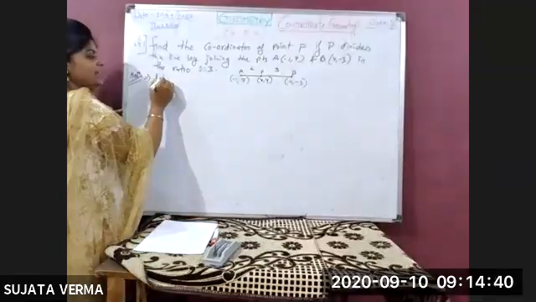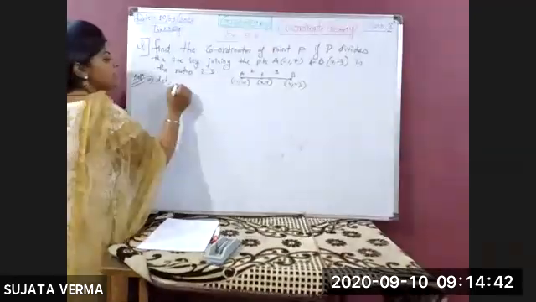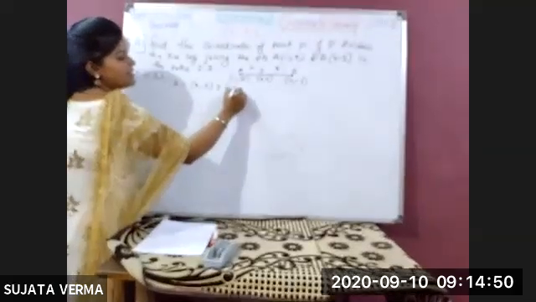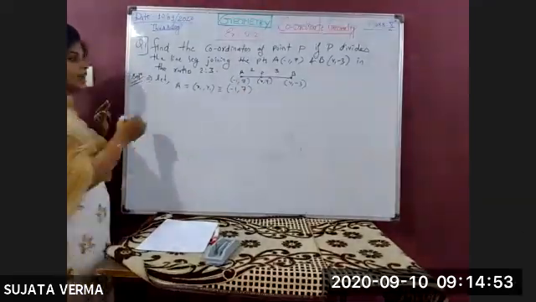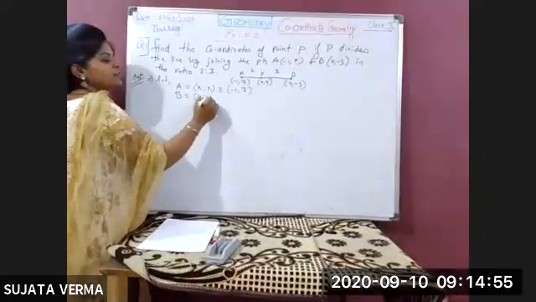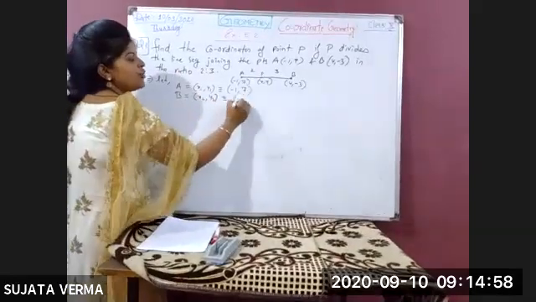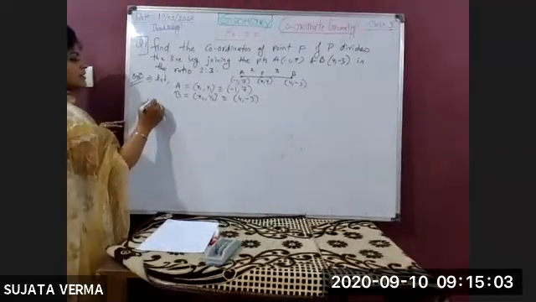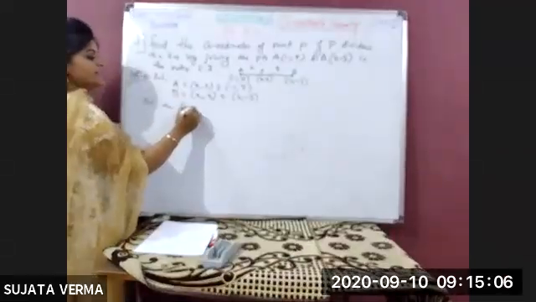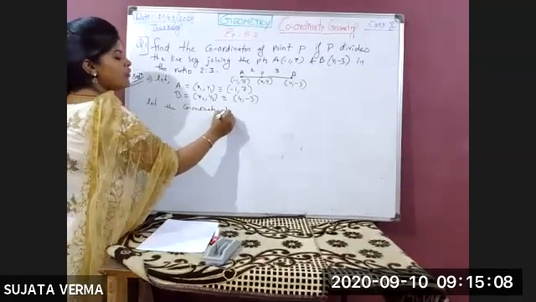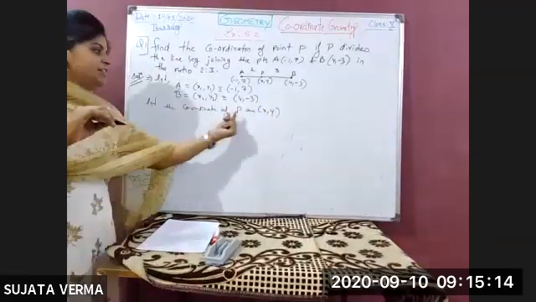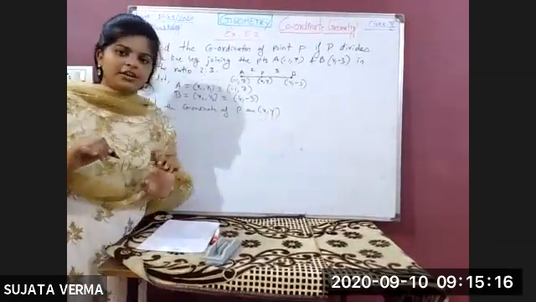Let A be (x1, y1), that is (-1, 7), and B be (x2, y2), that is (4, -3). And let the coordinates of P be (x, y).